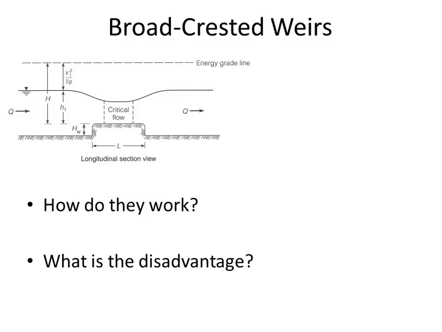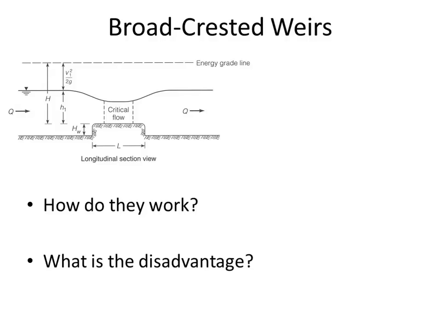Remember the expression y sub c is equal to (q squared divided by g) to the 1/3 power. You remember that, right? It's really hard to know what the flow rate is in a channel. I've just been giving you, let's say, a flow rate of 36 cubic meters per second, or this or that.